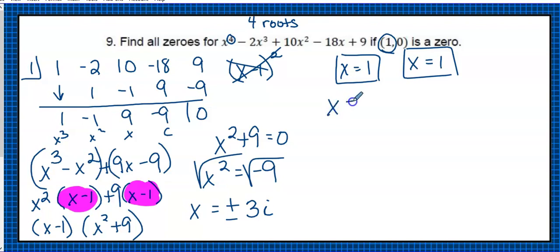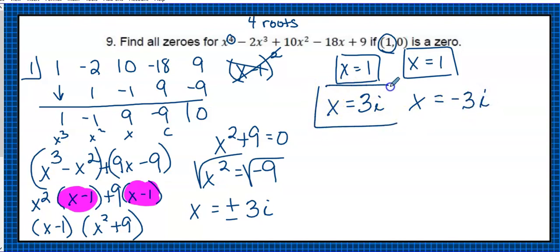So another root is positive 3i. And of course, if I have a 3i, I have to have a negative 3i. So there are my 4 roots right there. And one of them can show up twice. Remember, if there's a bounce there, then it can show up an even number of times.